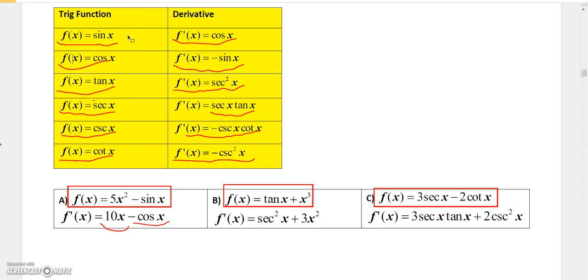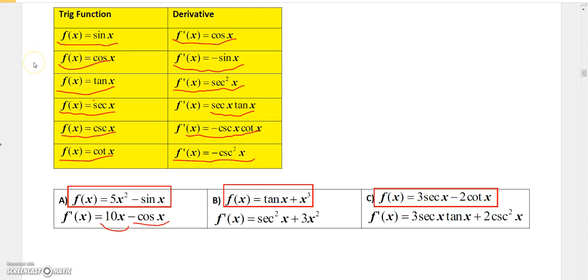Now, if you want to know where these derivatives come from, they actually come from the definition of the derivative. So the derivative of sine x equals cosine x can be shown using that limit of the difference quotient as h approaches 0 or delta x approaches 0. And the same thing for finding the derivative of cosine x.